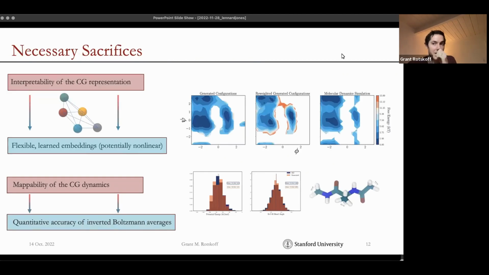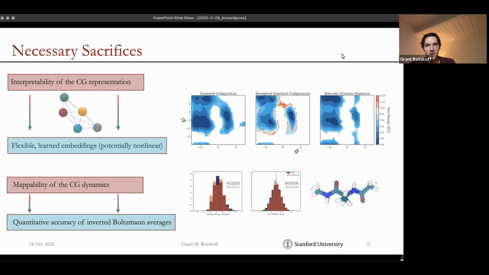Okay, so that tells you that there are a number of sacrifices that we've made. We lose interpretability of the coarse-grained representation, but we obtain more flexible learned embeddings, which are in principle nonlinear, although I would still emphasize that the results I'm going to show you are for linear embeddings. We've also lost mappability of the coarse-grained dynamics. I brought up already that I think this is a generically pretty hard problem, but it doesn't stop people from looking at coarse-grained dynamics and imputing meaning onto them.